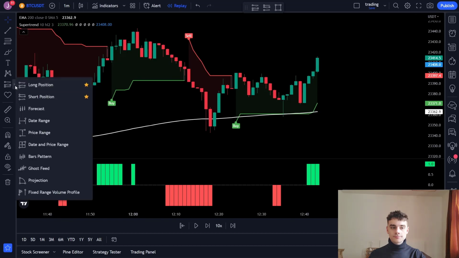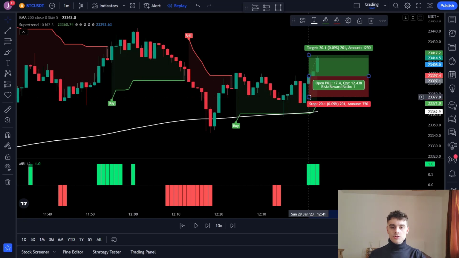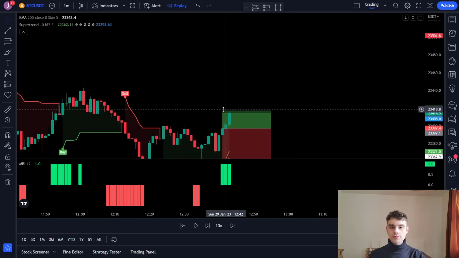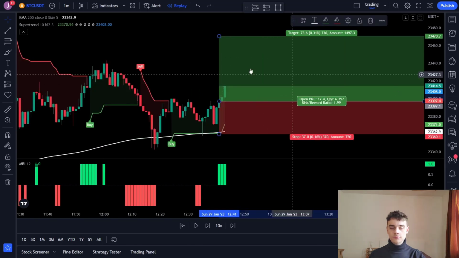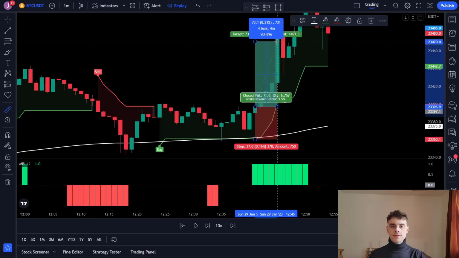So we will enter a long position on this candle, since the market is still moving above the moving average. You will place your stop loss on the Supertrend. We will target a risk to reward ratio of 2. You can see this trade closed much faster in only 4 minutes with a 0.31% profit.